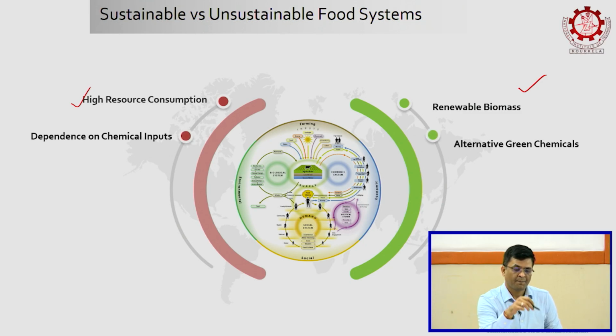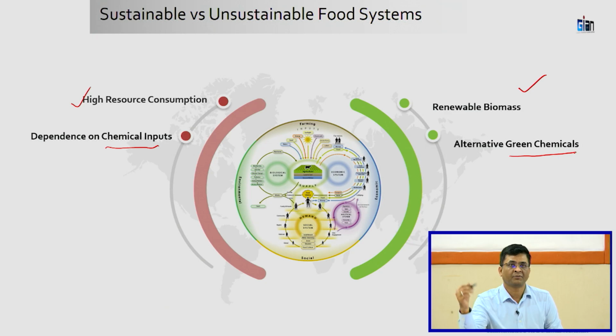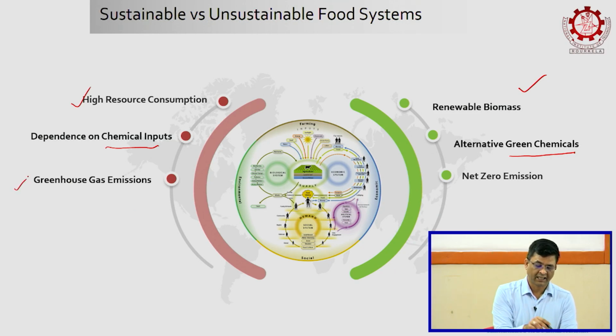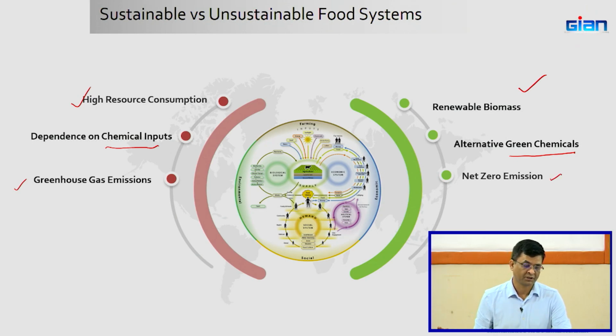Second point, agriculture dependent on chemical input, versus alternative green chemicals: chemical fertilizer versus biofertilizer. Third point, greenhouse gas emissions. A huge amount of greenhouse gas emissions happens in an unsustainable system, whereas we target net zero emissions, that means no emissions coming out of it.